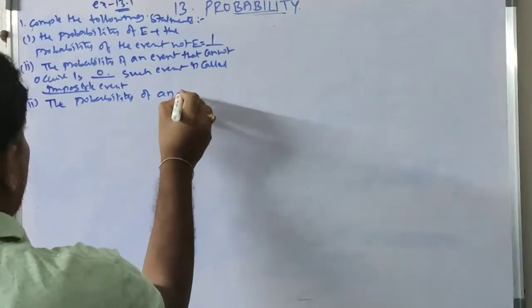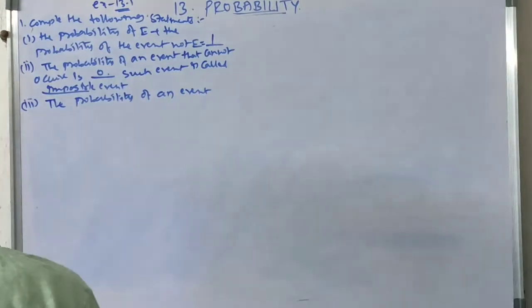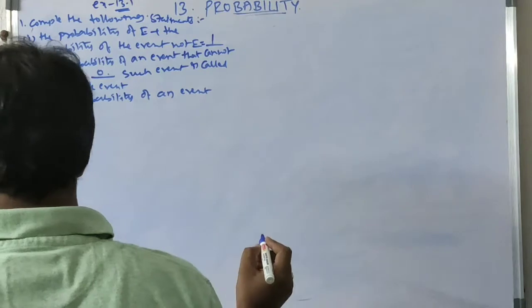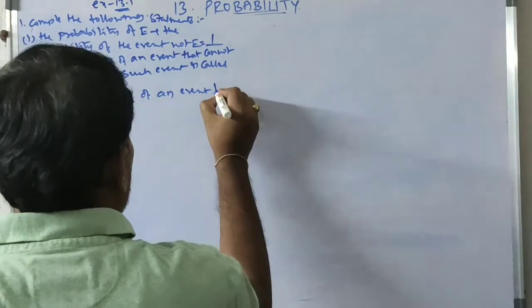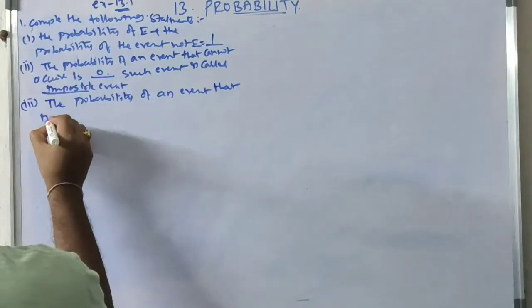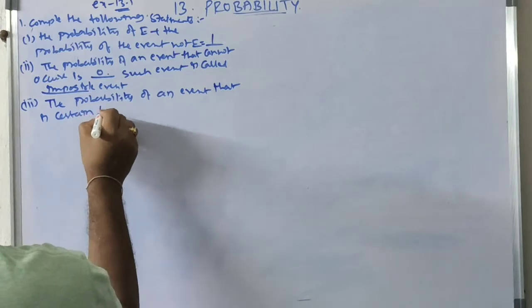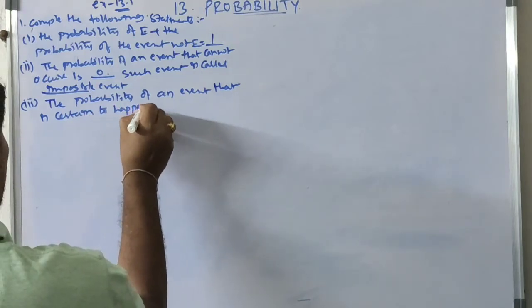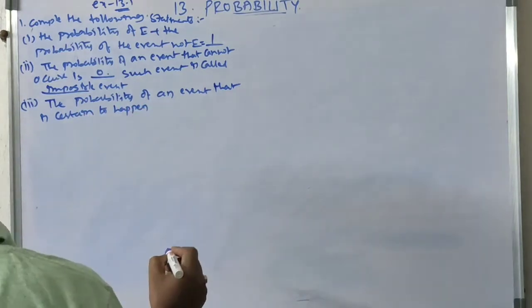So the probability of an event that is certain to happen is dash.